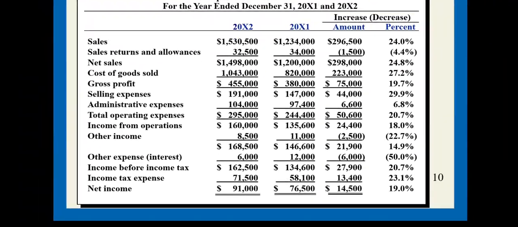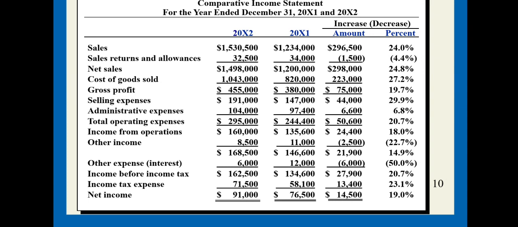So, see here, for these 2 years data, if you do not do the analysis, what is your conclusion? In year 2000x2, the profit is 91,000. In year 2000x1, the profit is 76,500.